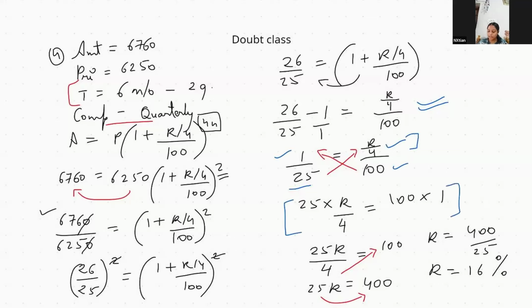When we multiply a variable and a number, suppose 26 into s, it becomes 26s. You just put them together. So 25 into r becomes 25r, upon 4 as it is, equals 100 ones are 100.